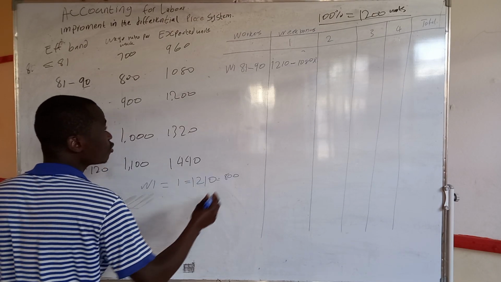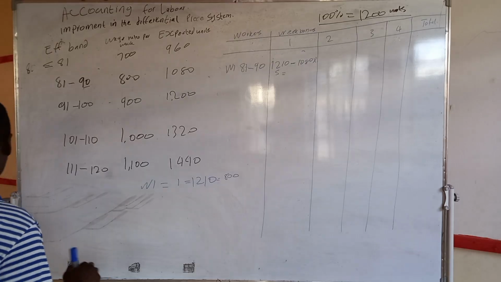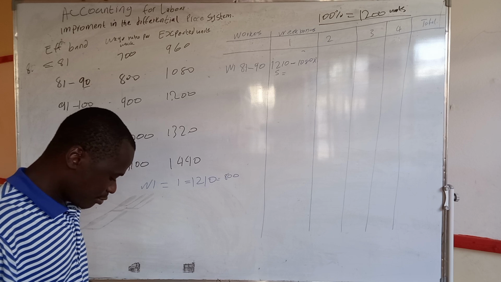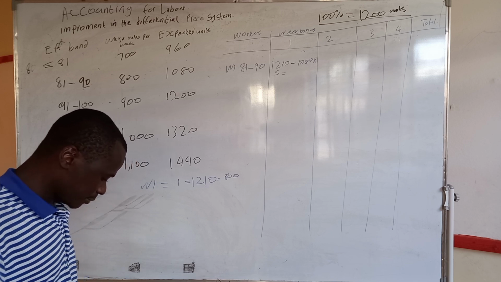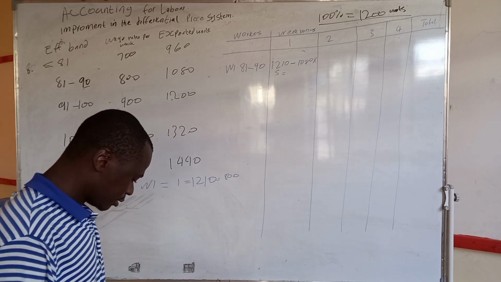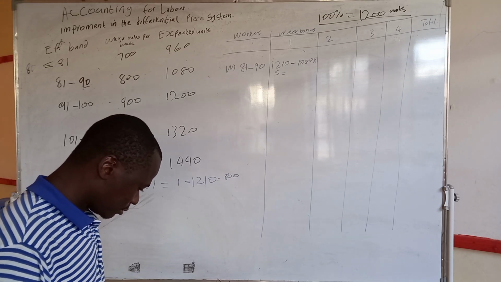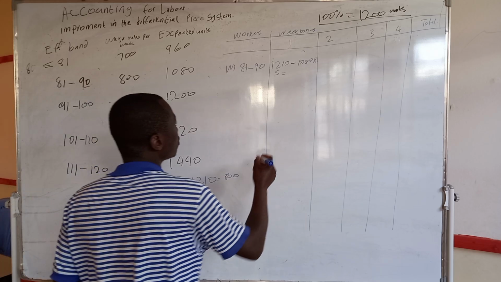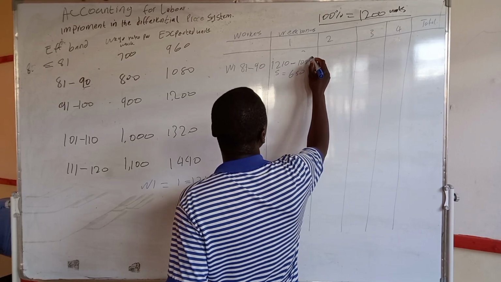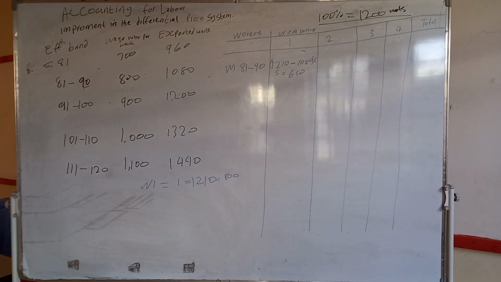So 1,210 minus 1,080 is 130, times 5. So he has a bonus of 650 in week 1.